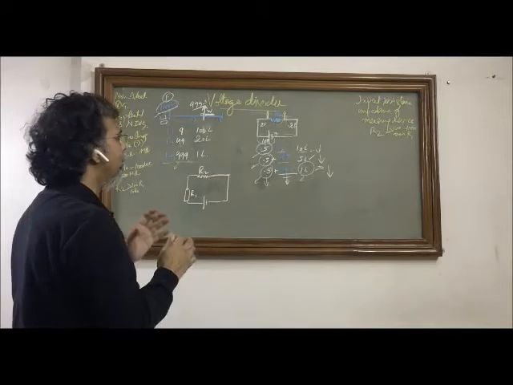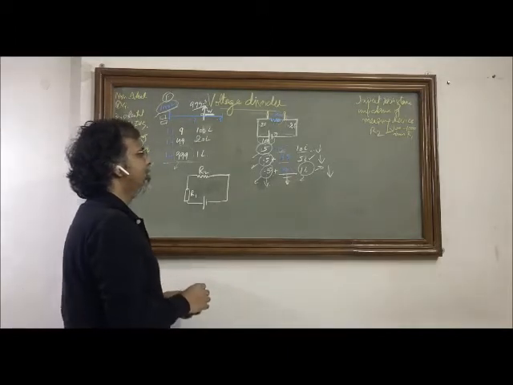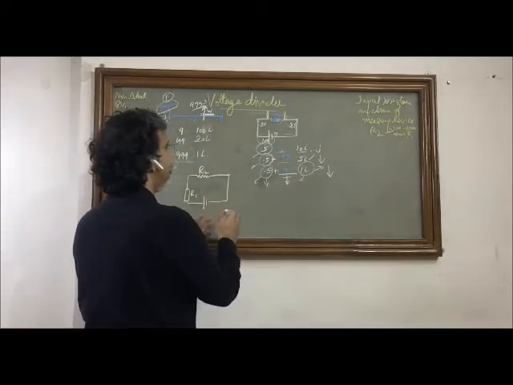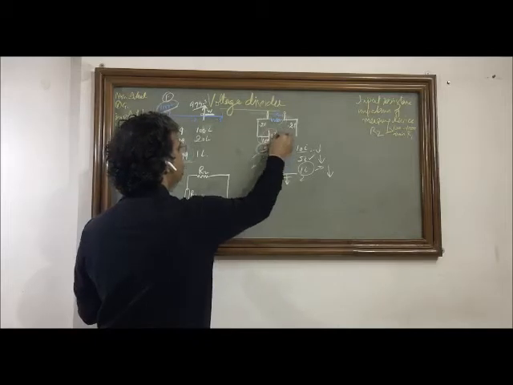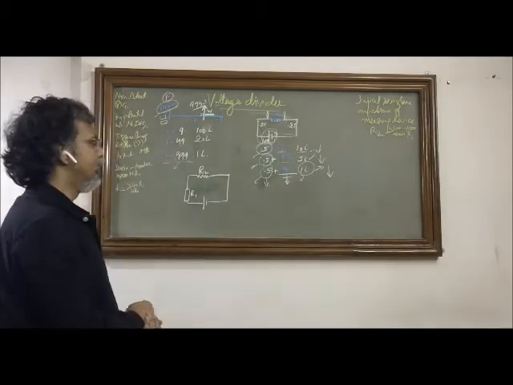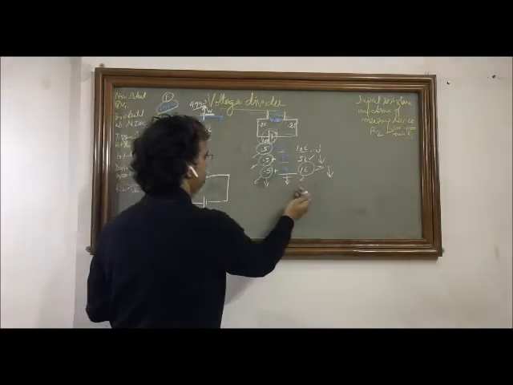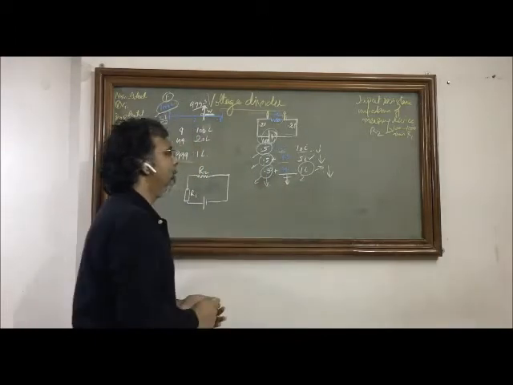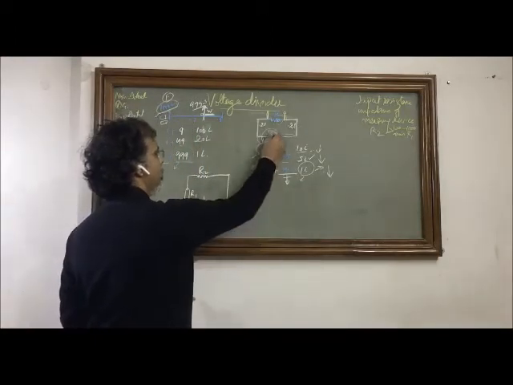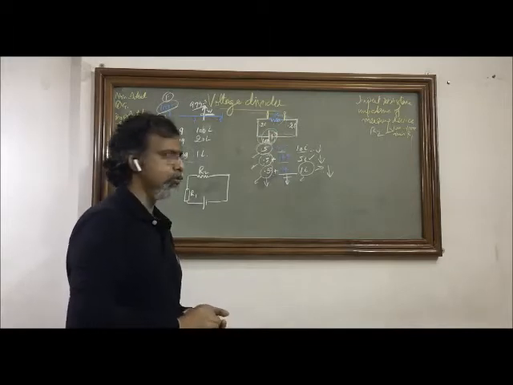Now we are going to apply this in a very interesting manner to measure an unknown source of voltage. Here, for simplicity of the example, we assume there is a potential difference of 100 volts available at this source.